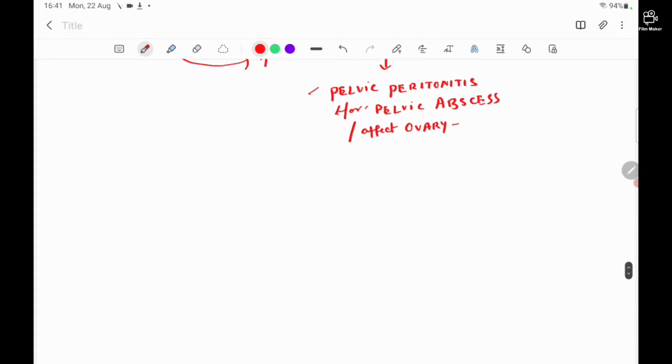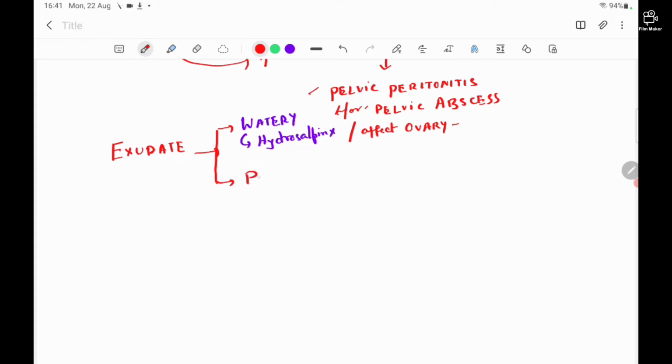Now, how is this exudate? Actually, two types of exudates are found. One is watery exudate, and this is found in hydrosalpinx. I have previously said about hydrosalpinx.